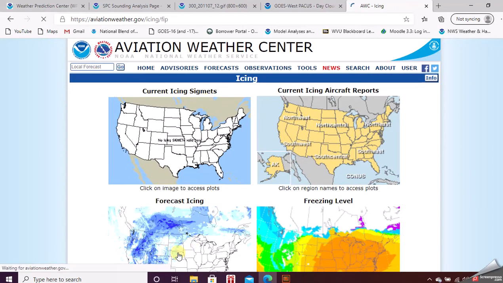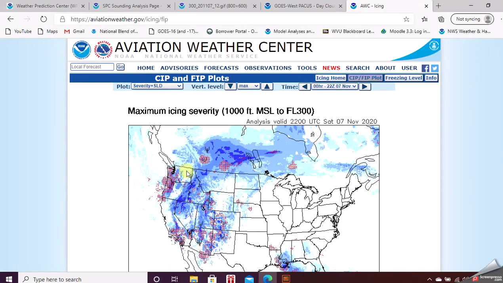This is just an icing forecast, and you can see there's a lot of potential for icing, particularly down across the mountains here in the Rockies in Arizona, New Mexico, Colorado, Utah, and there's some more back in here, and some along the immediate coast here. With this, you could actually zoom in, change elevations or whatever.